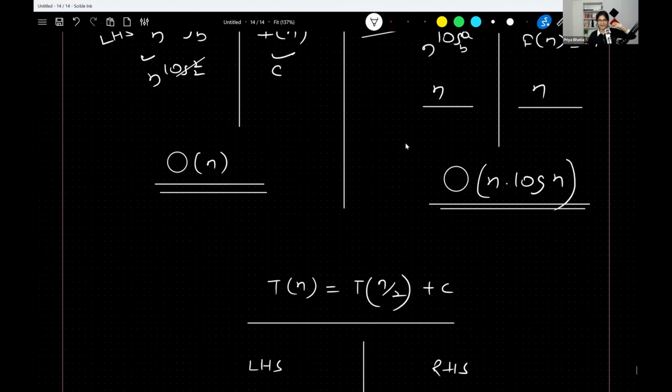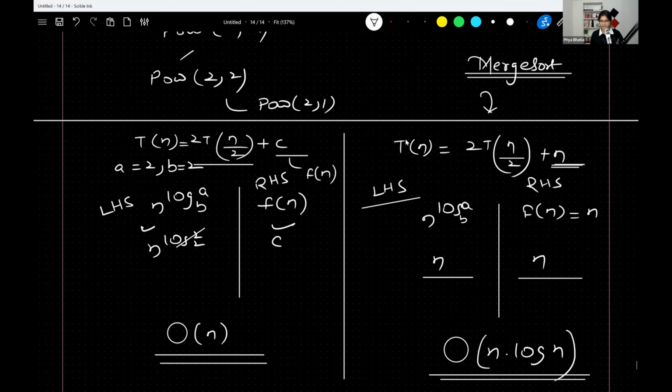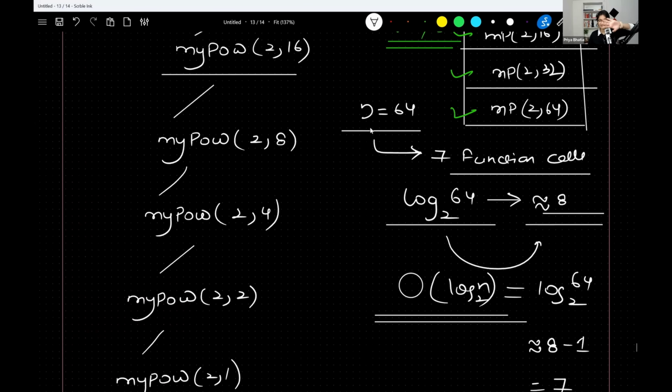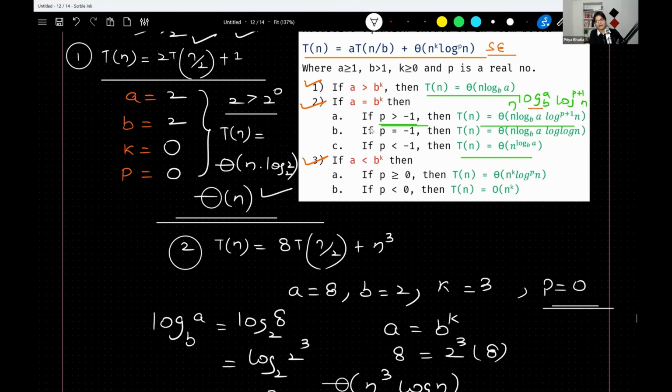This will work fine for most scenarios. Is this clear? You can implement this whenever no log term is available in the f of n part. Otherwise, that is a standard algorithm which I just talked about. Any doubts so far?